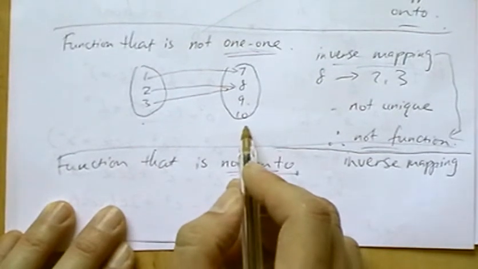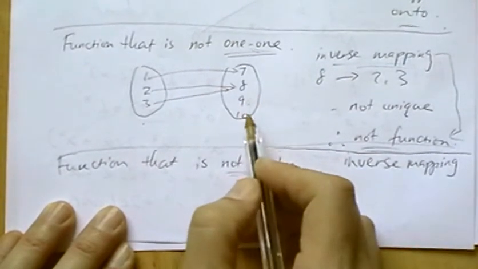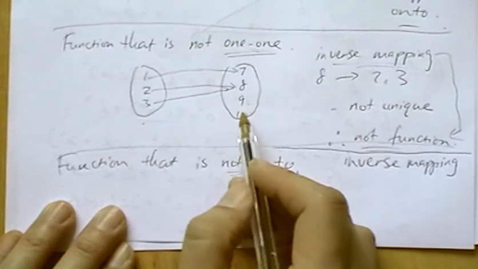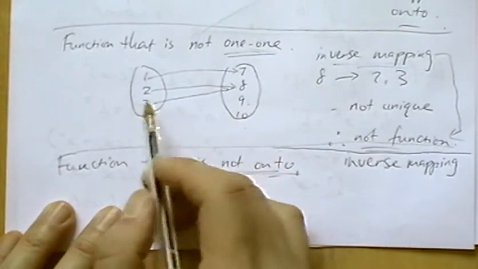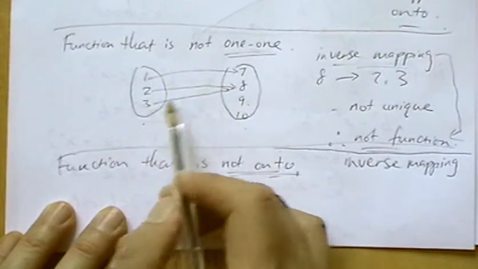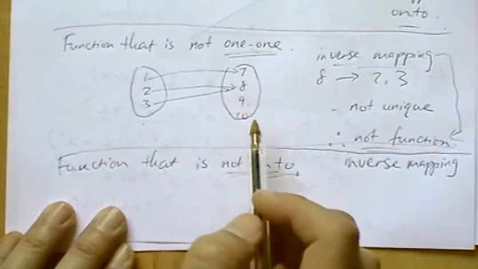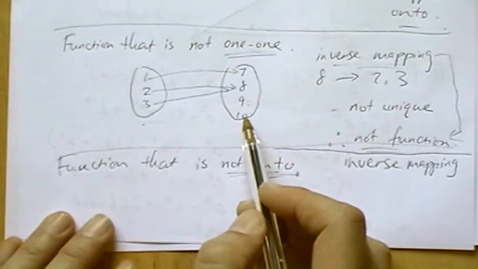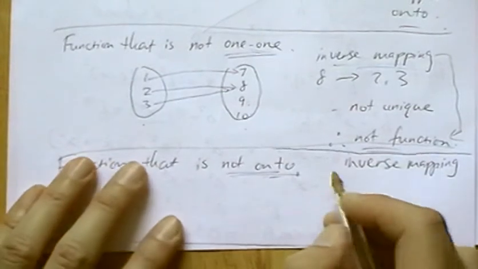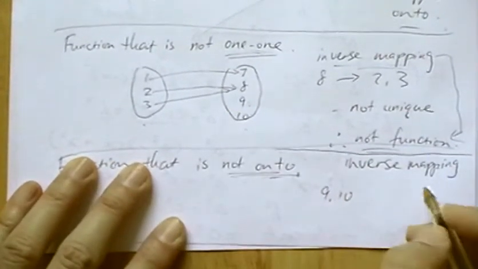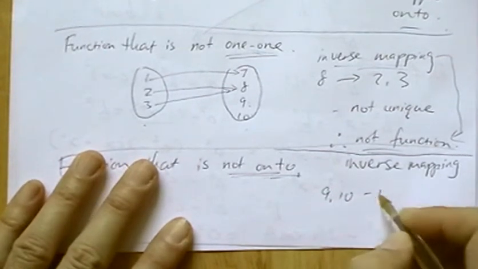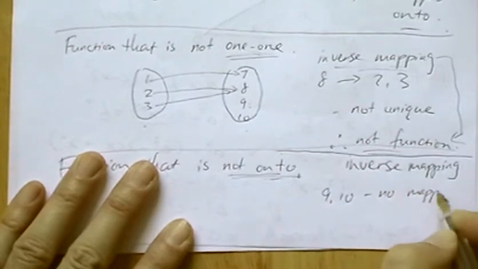So for the inverse mapping, we'll find that those two numbers are not mapped to anything because a mapping has not been defined. Alright, the mapping was only defined for those with those 3 arrows. So only those two elements have something to map back to in the inverse mapping. Those two are not mapped anywhere. So in other words, 9 and 8, alright, there is no mapping for 9 and 8.